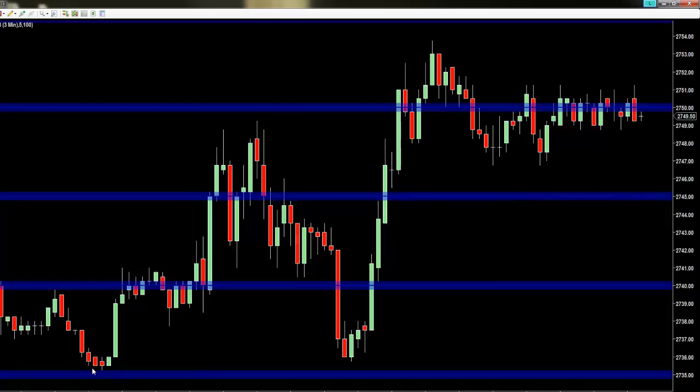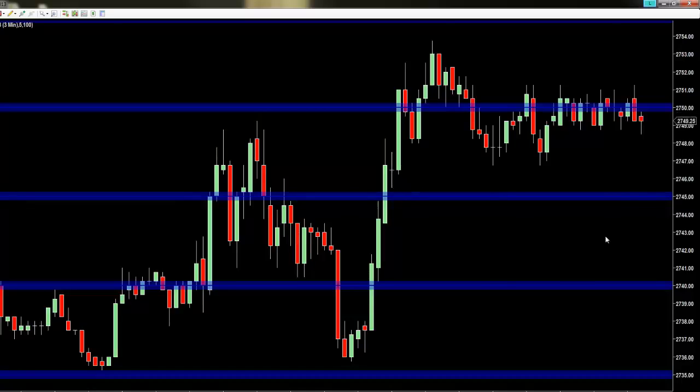In a case down here at 2735, we go up to our next round number, which is 2740, and you see that price hangs up, but then it breaks out again. And again, we see resistance here as well at 2745.